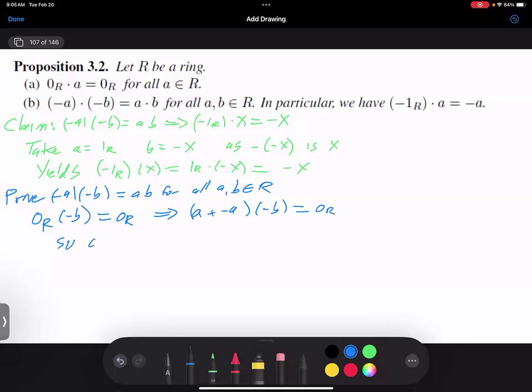That would give us A times negative B plus negative A times negative B equals 0. So negative A times negative B is just the additive inverse of A times negative B.